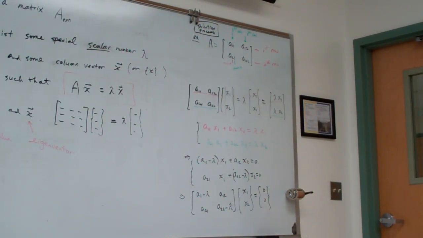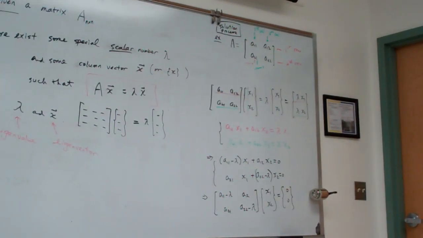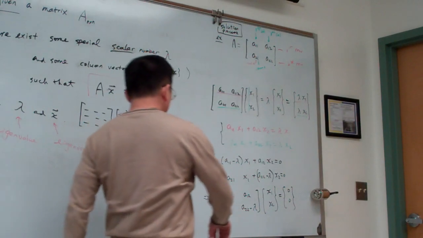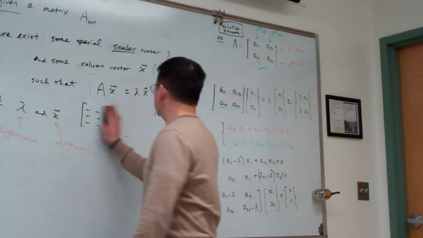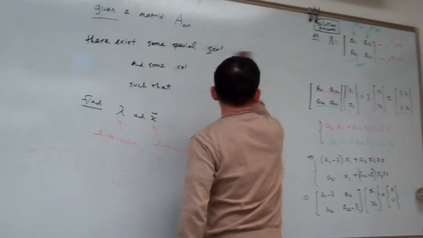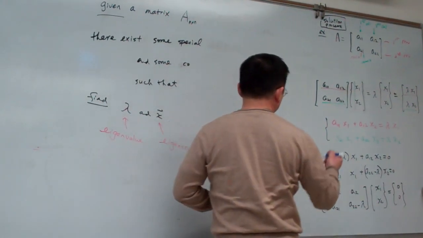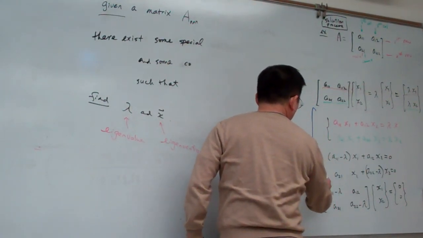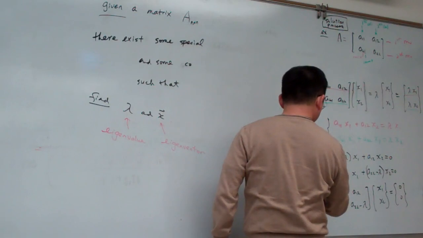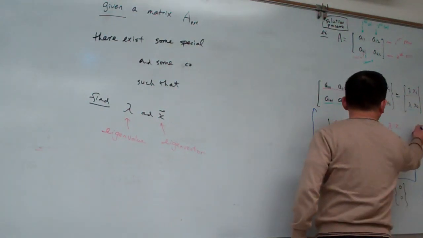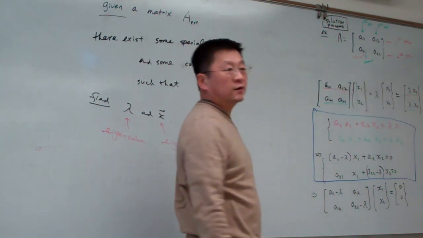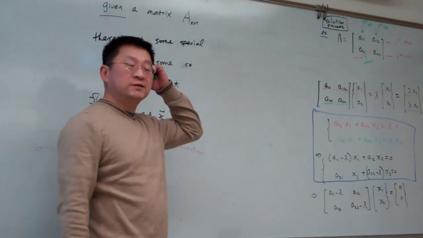The process can actually be written in a very concise way using the matrix form. Those steps can be replaced by a very concise process like this.